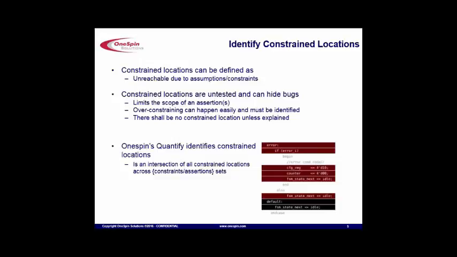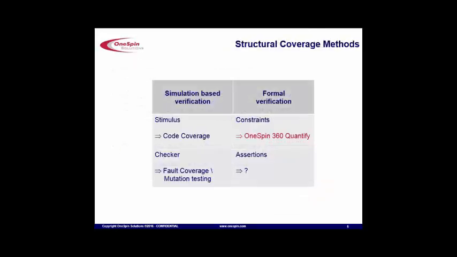When we measure the constraint locations, there shall be no constraint locations left when we do our sign-off, or they shall be explained. At OneSpin, we have developed a tool called Quantify, which can identify such constraint locations. As you can see here, it highlights the code which is not considered by the assertions because it is constrained. So we ticked our box here in terms of the constraints.